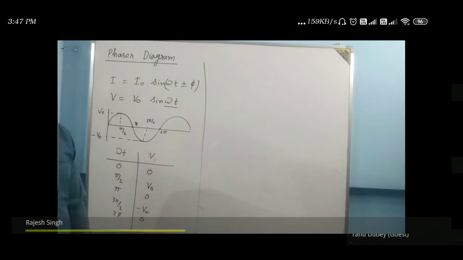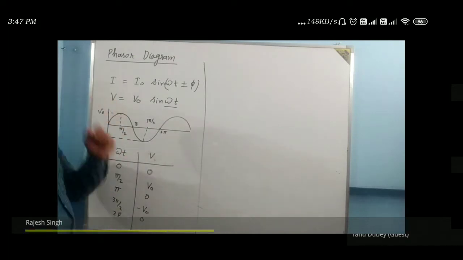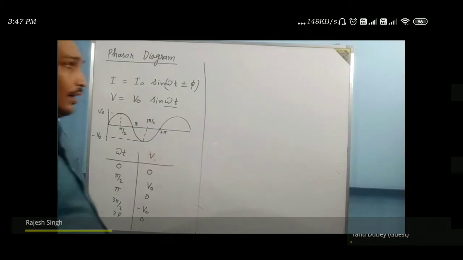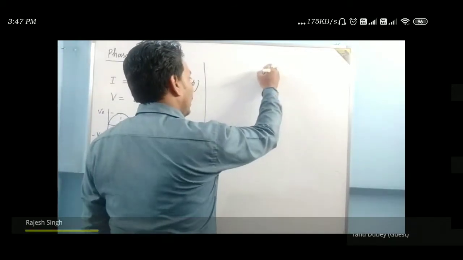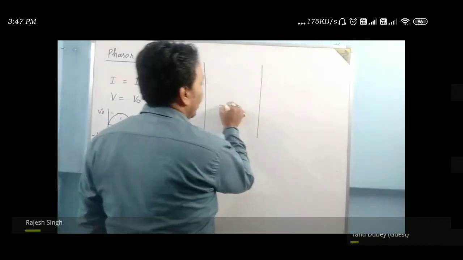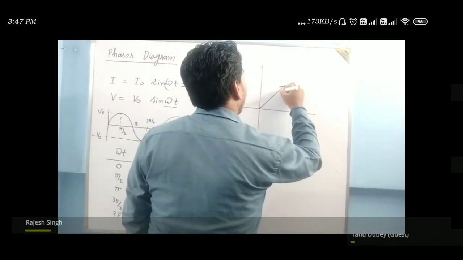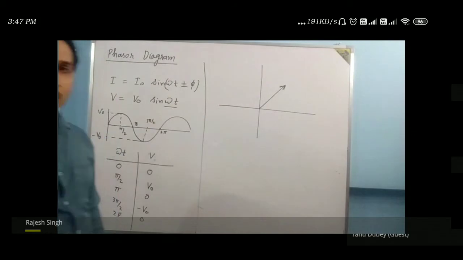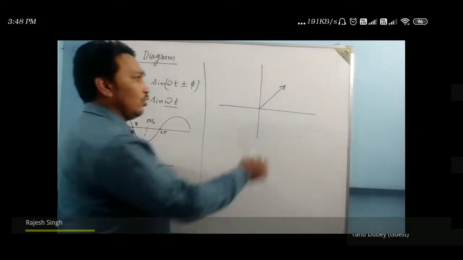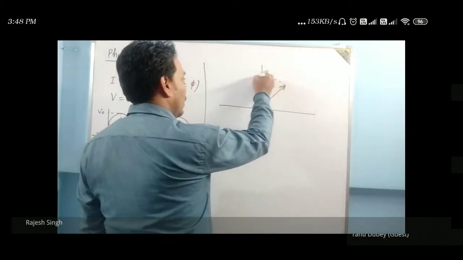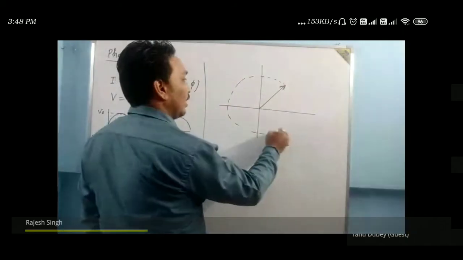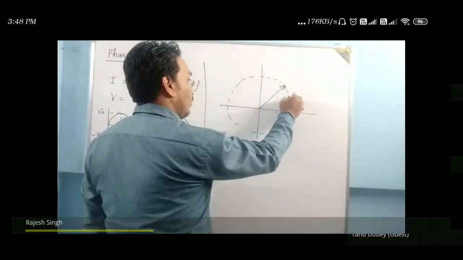So I am going to treat this voltage as a vector, and not only a vector, I must say a rotating vector. This is an arrow, and this arrow is rotating and defines a circle, obviously.